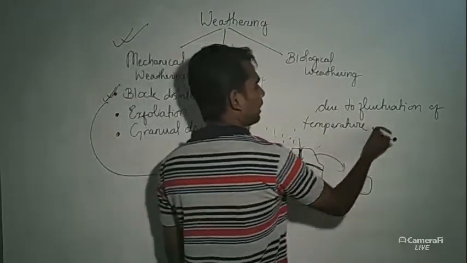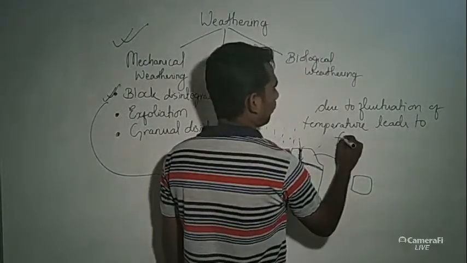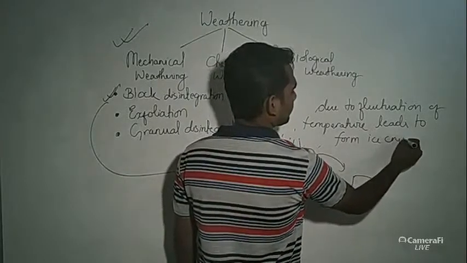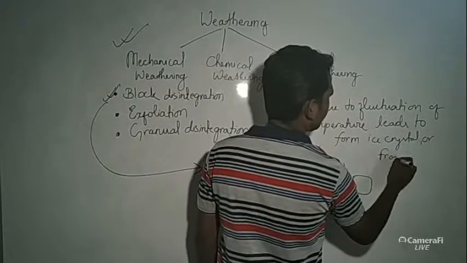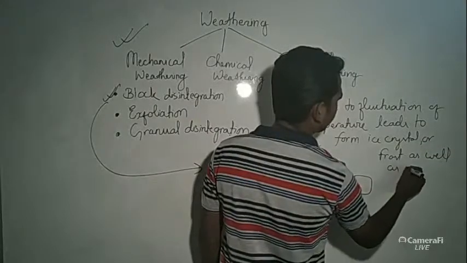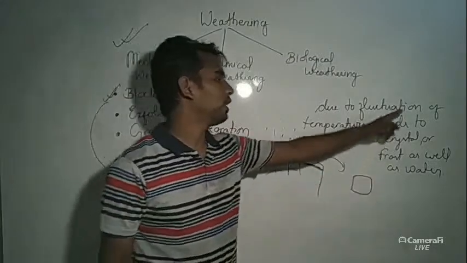Fluctuation of temperature leads to the formation of ice crystals or frost as well as water.